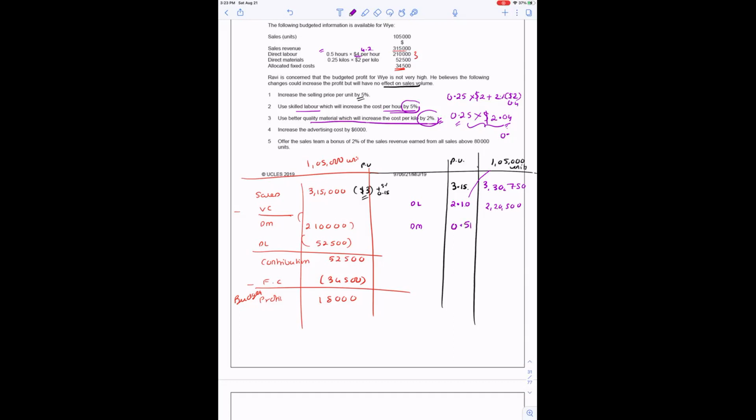I'm going to produce 1,05,000 units, so it gives me 53,550. From the sales, subtract the variable cost. So how much are you getting?